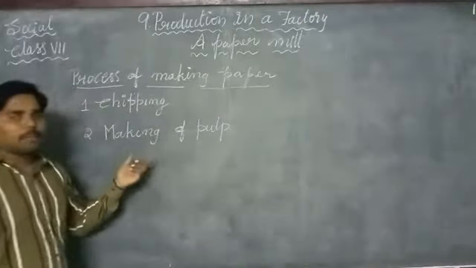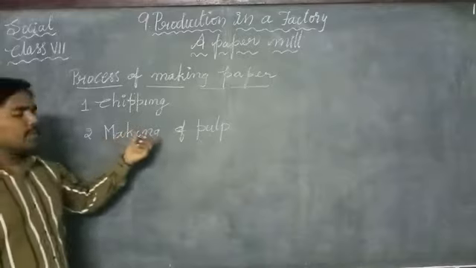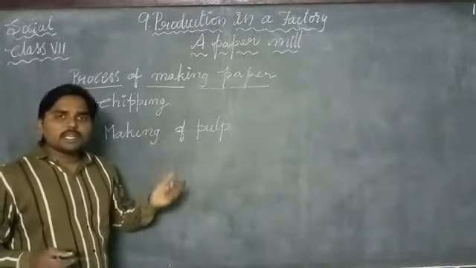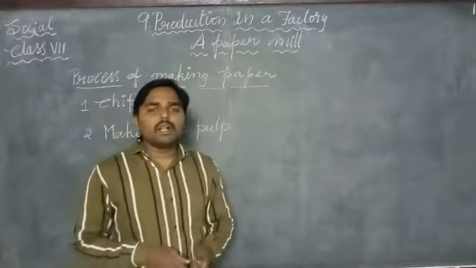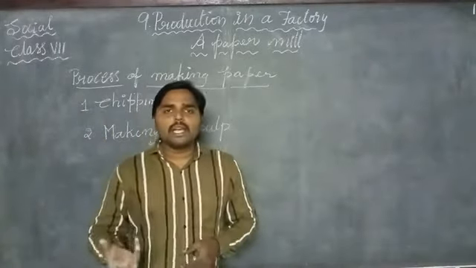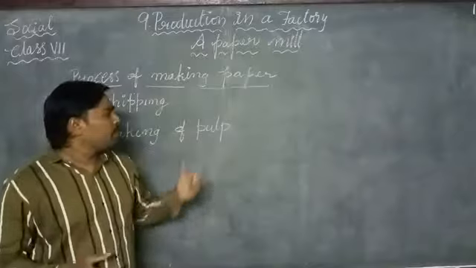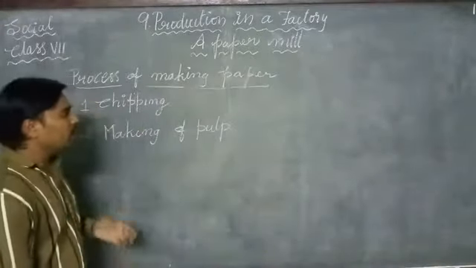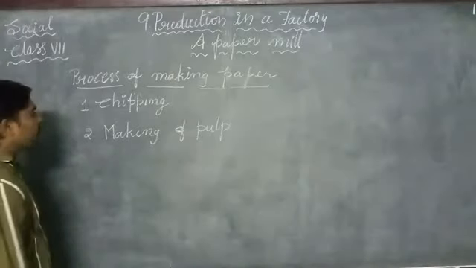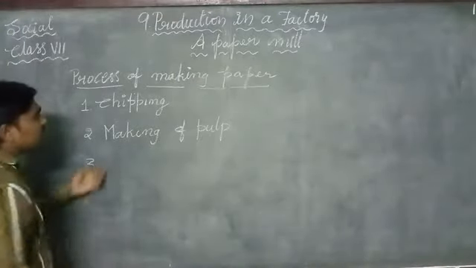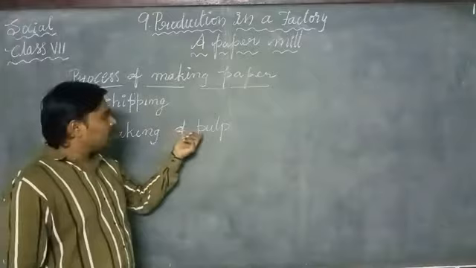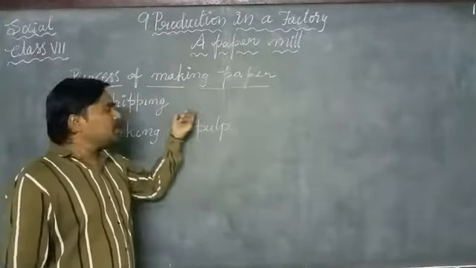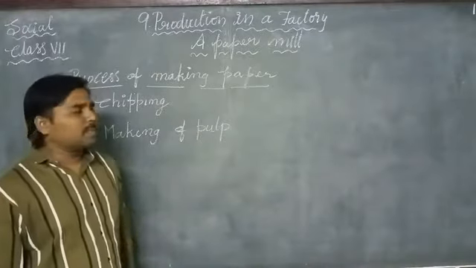All the chips of subabul trees would be converted into pulp by using large machines and many chemicals, and then removed from the large machine or boiler.